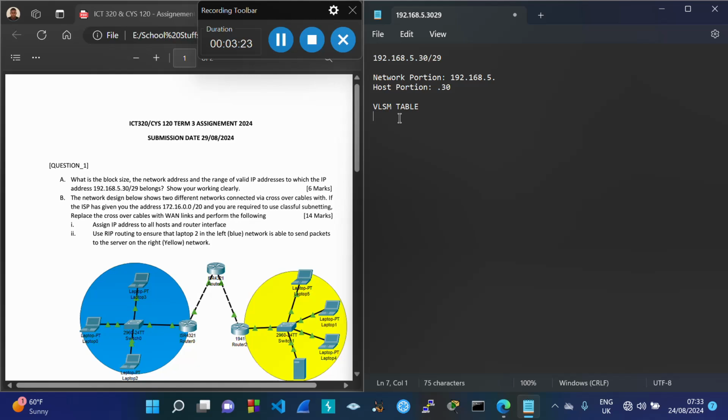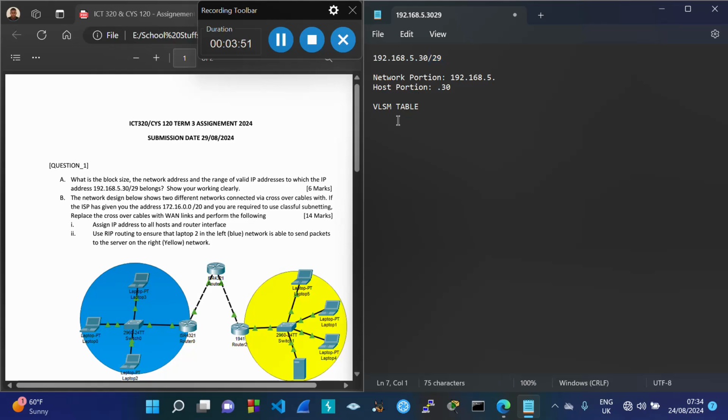In summary, for static subnetting we don't change the slash, while for classless we do change the slash to accommodate the hosts we need.